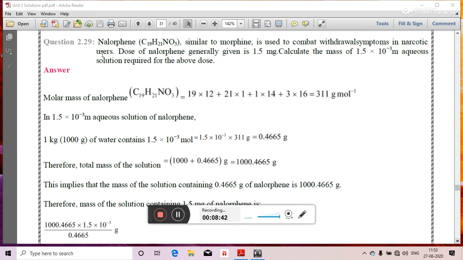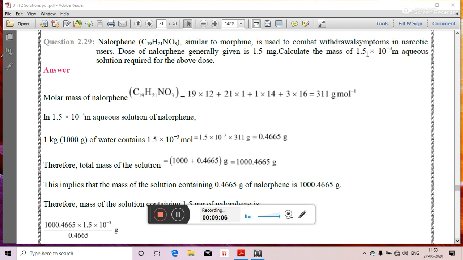Question number 29 is nalorphine. Formula is C19H21NO3, which is similar to morphine, and is used to combat withdrawal symptoms in narcotic users. The dose of nalorphine generally given is 1.5 milligram.